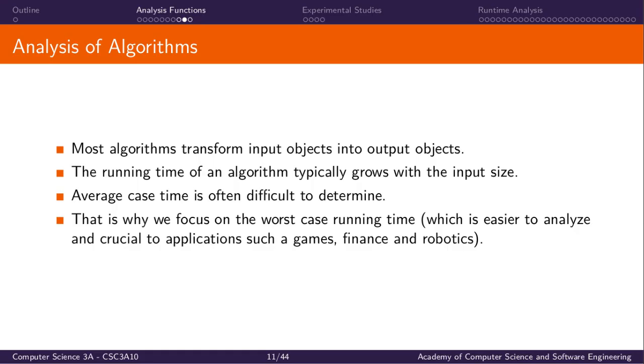It's easier to analyze, certainly, and it's crucial in a lot of different applications because you don't want there to ever be a case where, for some inputs which we haven't considered, it may take a very long time, while on average, this is how long it takes, and the best case is how long it takes. You should actually be accounting for all of them, including the worst case, so that regardless of inputs, you know the bounded time for this will be such.